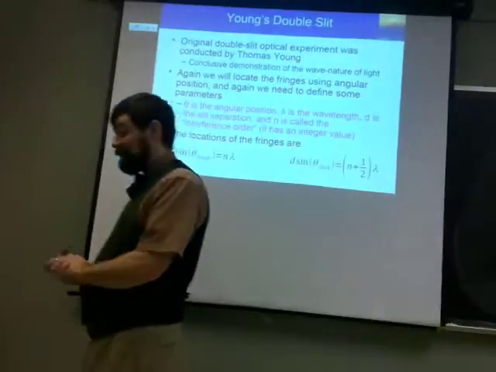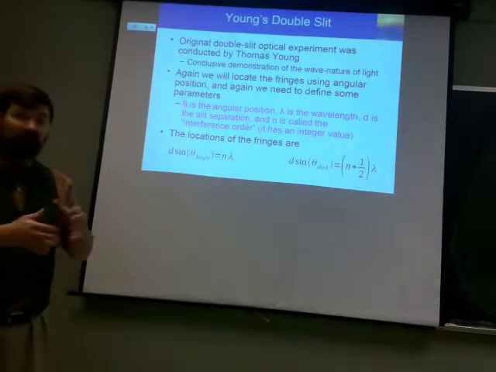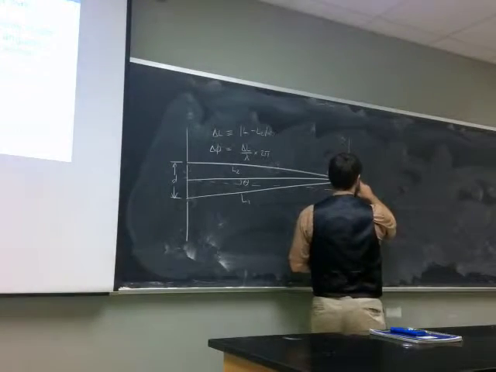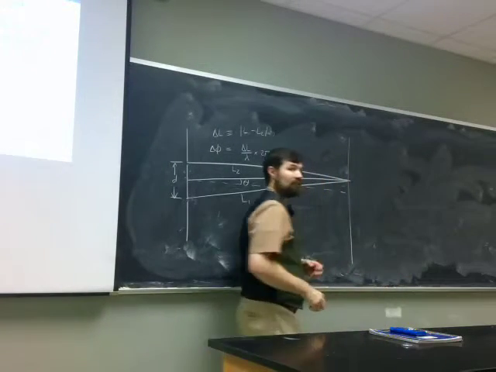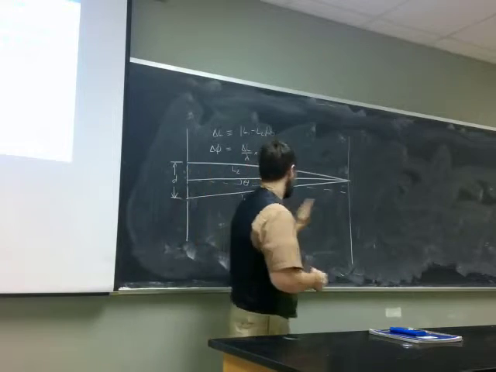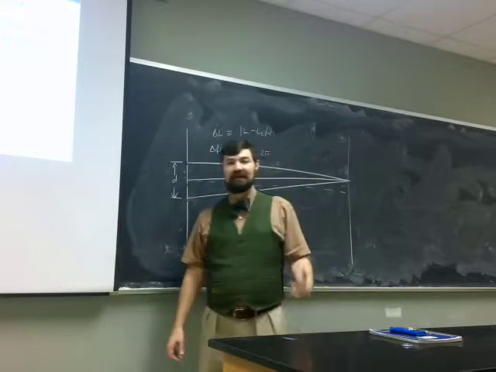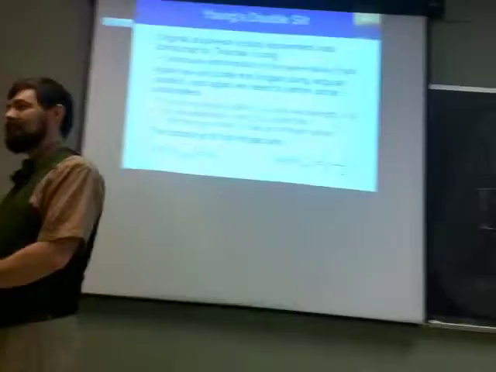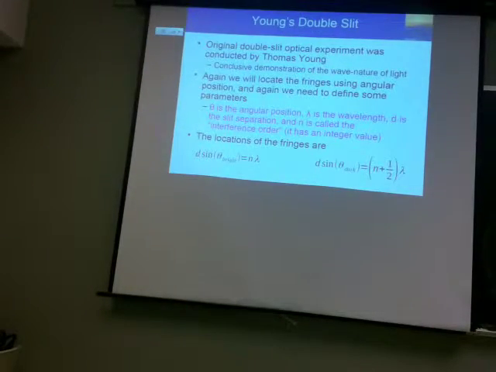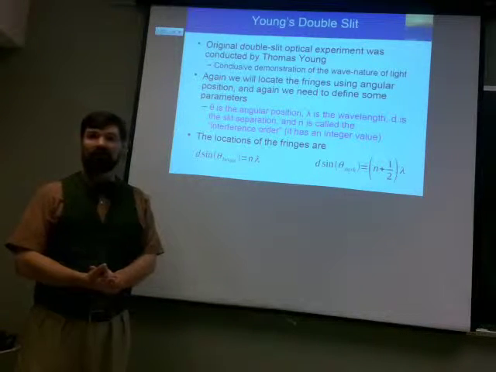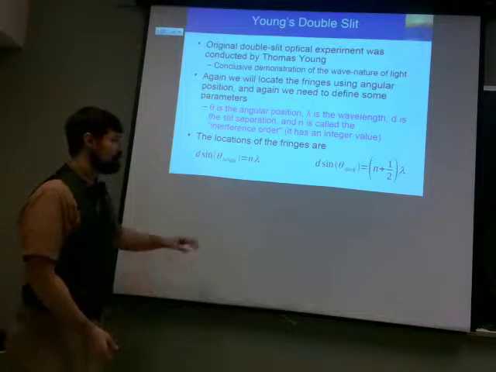As with the diffraction pattern, if you want to measure actual distances along the screen, in other words, you want to know how far this is, once again, you measure what this length is from here to here, and you use the tangent of theta. And as with the diffraction pattern, where m represented the order, the same is true here.